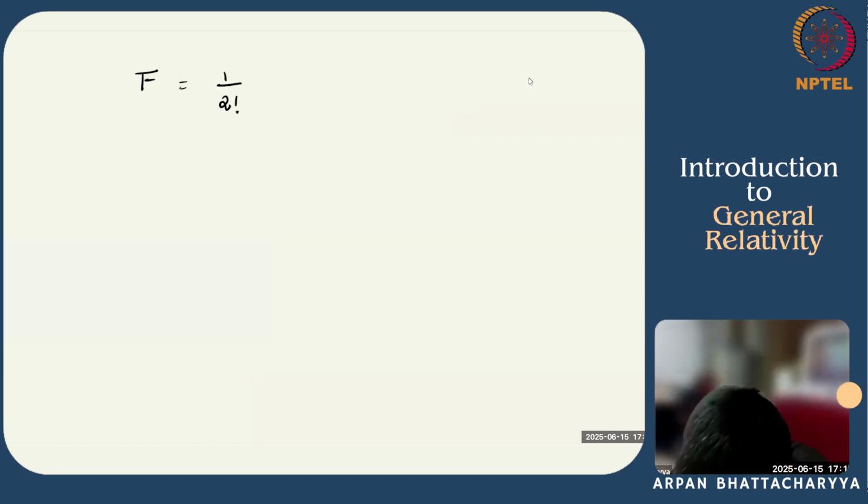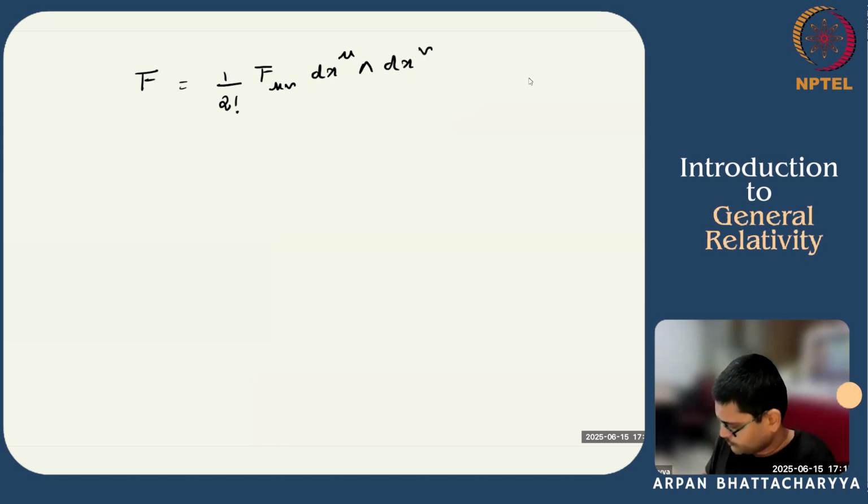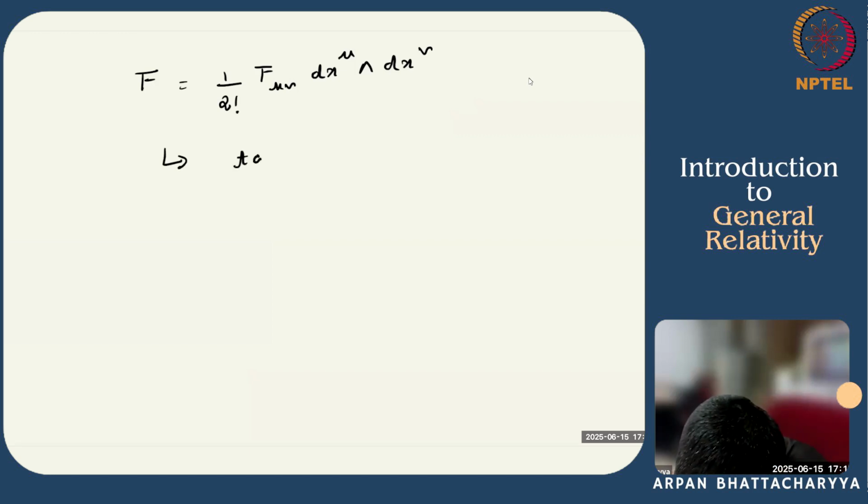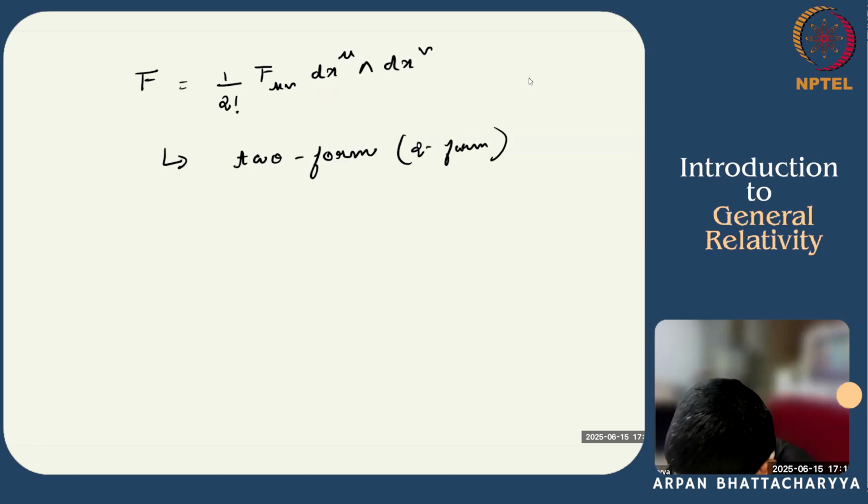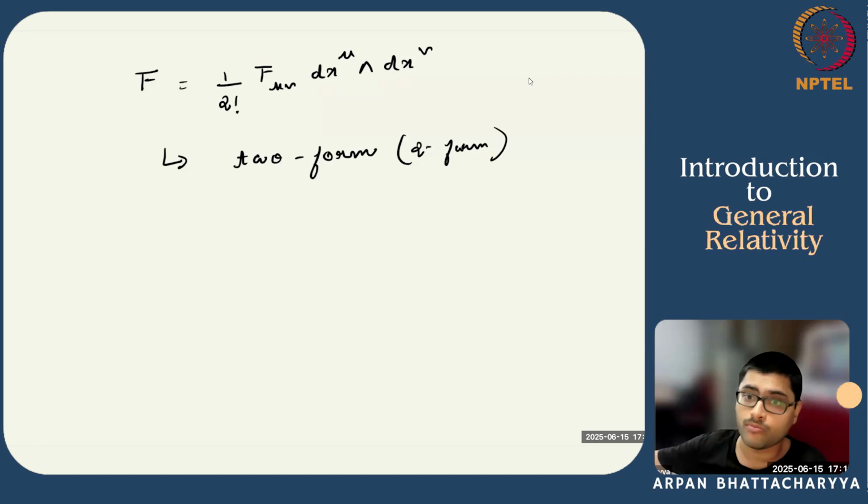You will see the reason. Then F_mu nu dx^mu wedge dx^nu. And this entity is known as a two-form, because it involves two of the basis elements of one-forms in an antisymmetrized form.